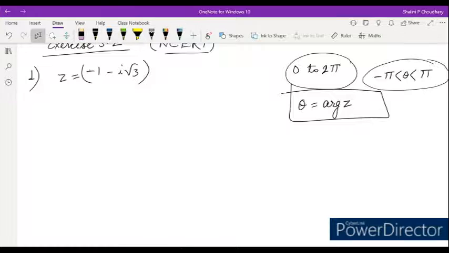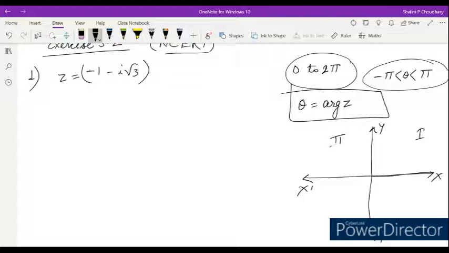And one more thing that we need to discuss here: this is the x-axis, so this will be x dash, this is y, then this will be y dash. This is first quadrant, this is second quadrant, third quadrant and fourth quadrant. Now cos theta depends on the x-axis. It means x is positive this side and x is negative this side.